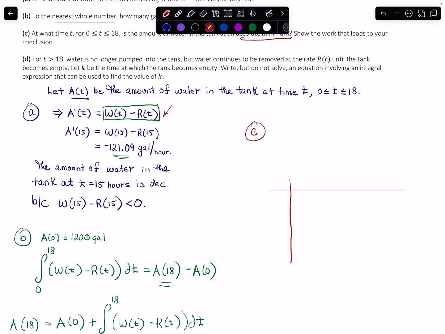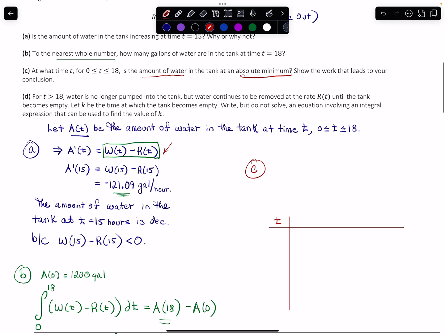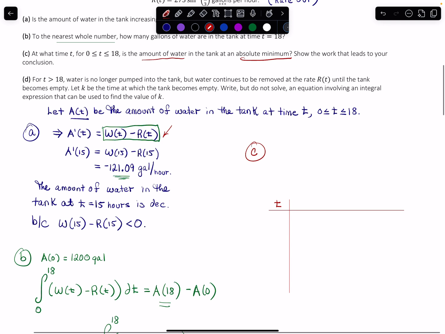The candidates test, we call it, which is nothing more than an input-output table. So it's certain times I have to check, and what are you trying to find the max or min of? The absolute min-max of the amount of water. So the function you're looking at is not w of t or r of t, it's A of t.